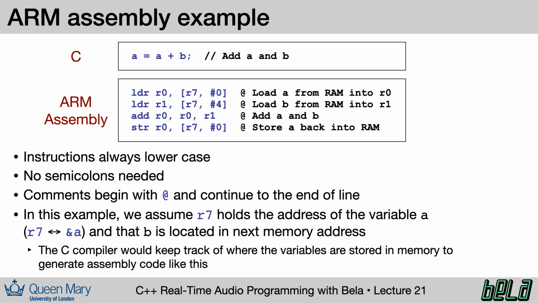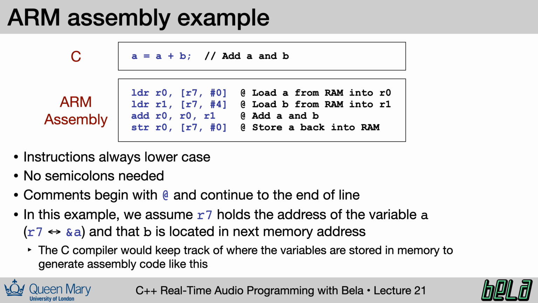In this particular example, the assumption is that register R7 holds an address in memory, and that address in memory points to where the variable A is stored. In other words, R7 holds the number that we would get if we wrote the expression &A. We also assume that the variable B is located immediately next to A in memory. Typically, the C compiler keeps track of where the variables are stored and generates assembly code like this automatically.